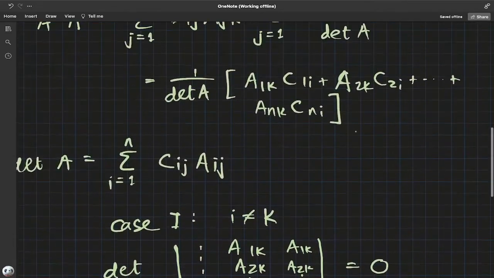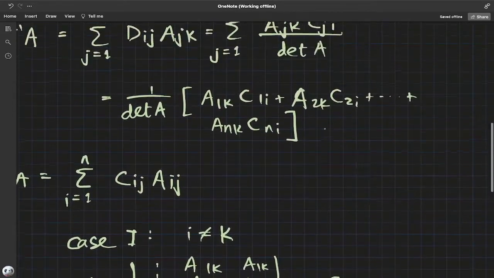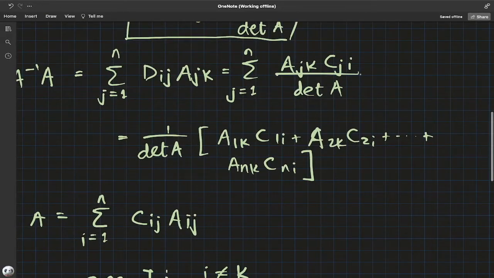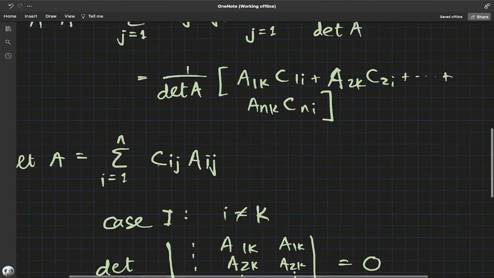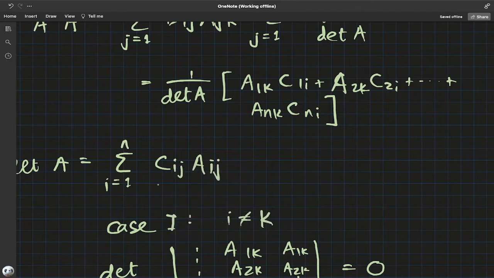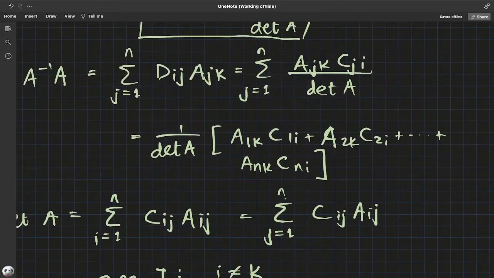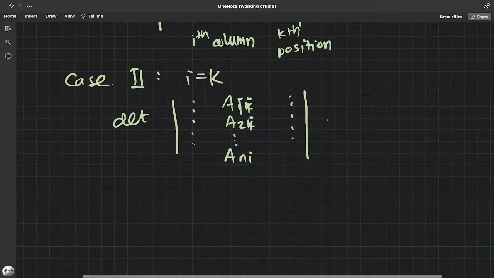And then again, even if you want to use this formula and see when i equals k, you have AJI, CJI. That's basically the expansion for this determinant, it's the row expansion for this determinant. Here we expanded by a column, but we can also expand by a row. So when both of them are the same, this is just the determinant of A.